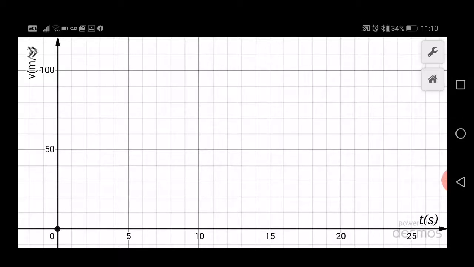If you start from 0, then after 2 seconds, it's already going at 10, at 4 seconds at 20, 6 seconds at 30. It doesn't take much to understand that at 20 seconds, we are going to go all the way up to 100 meters per second. Okay?